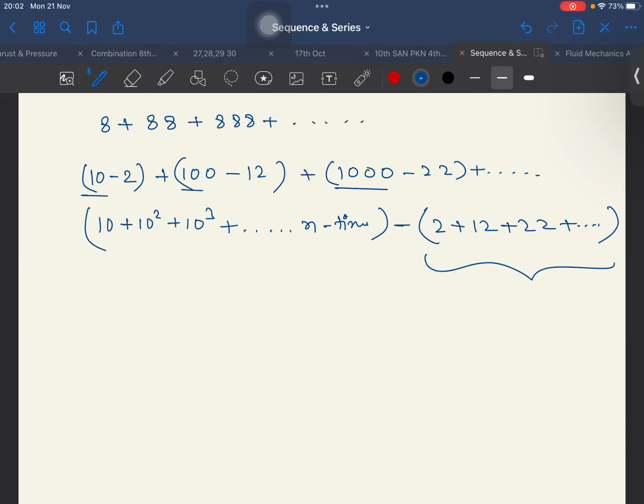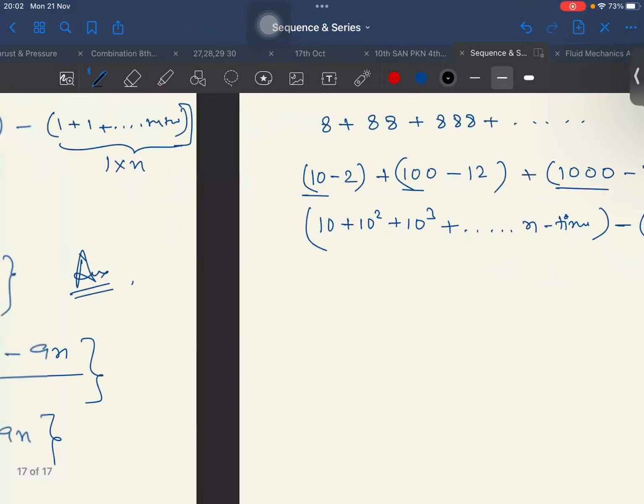Again, we have to manipulate these numbers to become some kind of series, then only we will be able to find the sum. You're getting my point? Why are we taking 8 as common? Understood this part? And why are we multiplying it by 9 only, you asked, no?